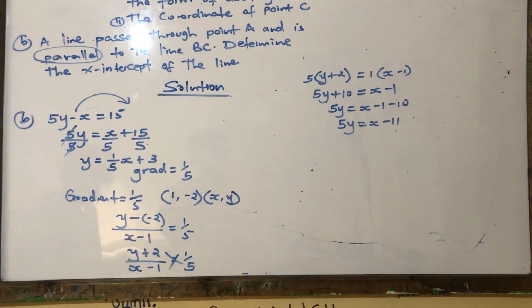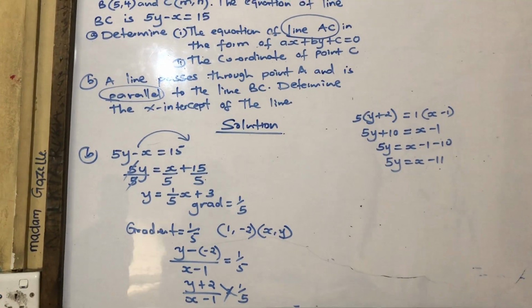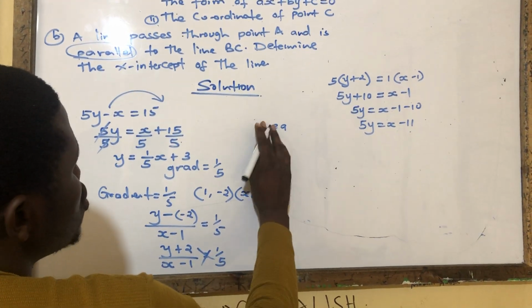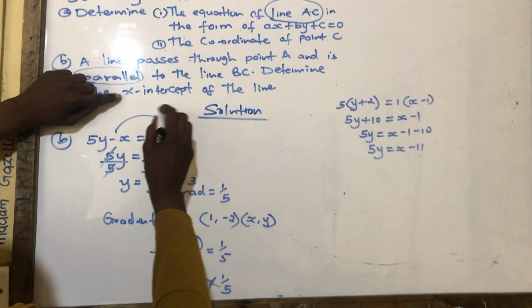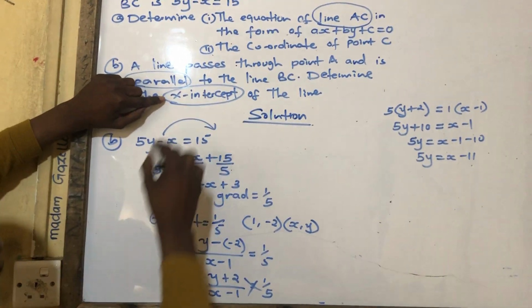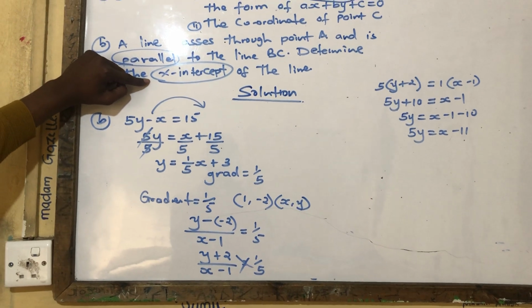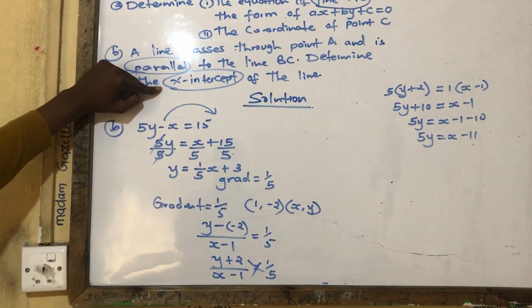That does not answer the question. The question did not ask us to obtain the equation. We were asked to obtain the x-intercept of the line. How then will we get the x-intercept?